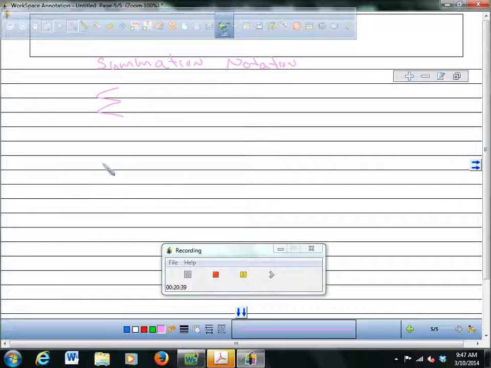If you have something like the sum from i equals 1 to 5 of 3i, this thing is called the lower bound, and this thing up here is called the upper bound, or sometimes the upper limit.